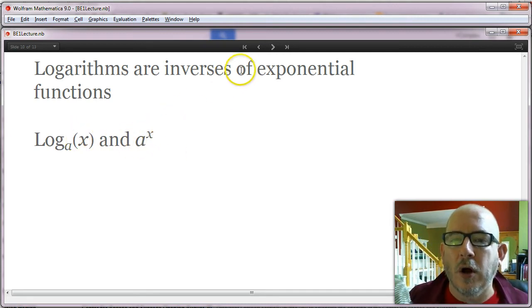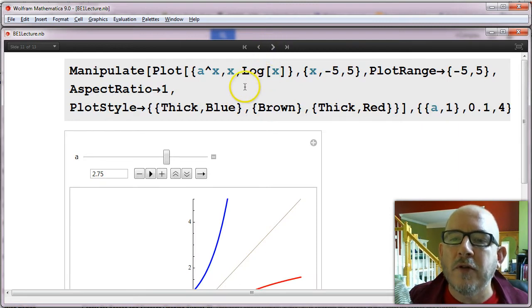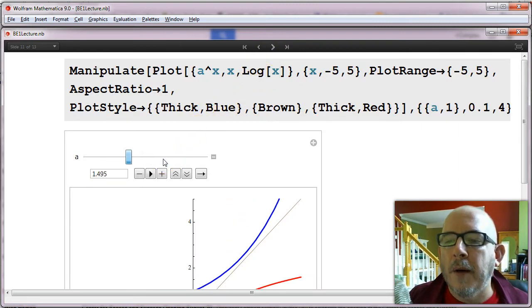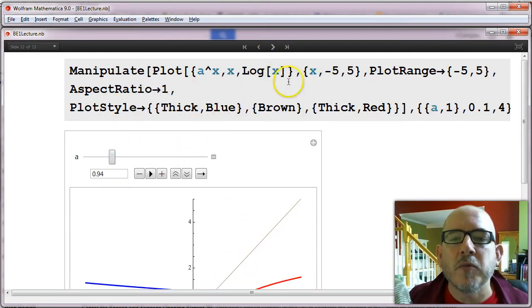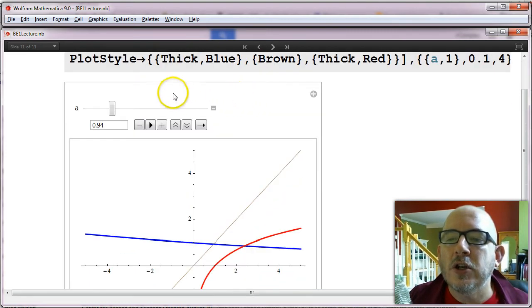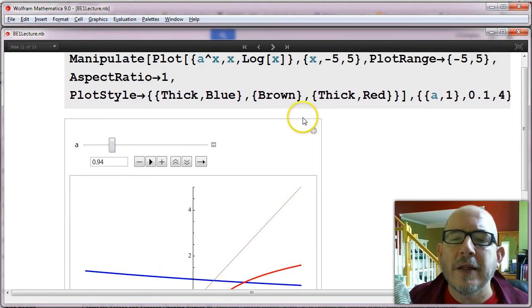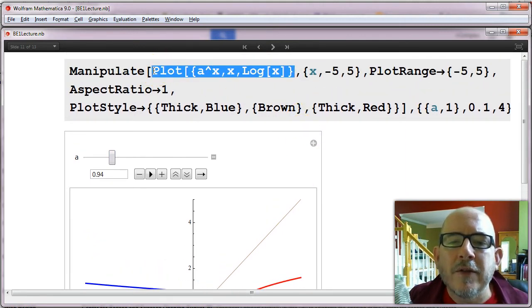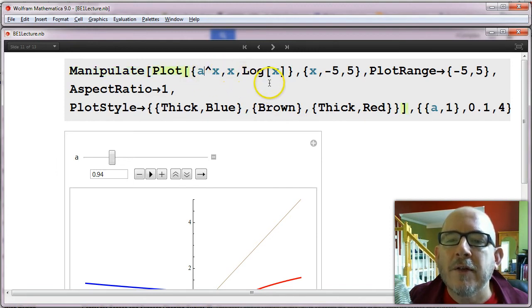This is a special logarithm. So what's so special about it? Well, I wrote some code here, and I didn't hide it this time. That's not important. What's really important is this part right here. We are plotting a to the x, and log x.